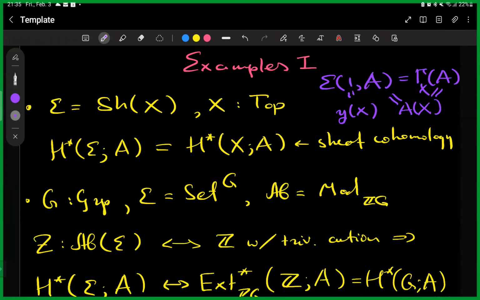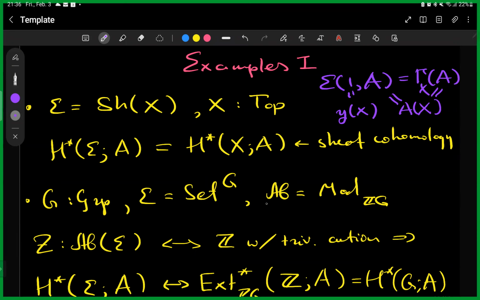Okay, so another example is when we consider some arbitrary group. Then we can consider a topos of all its representations and sets. Then these are just sets with G action and equivariant maps.